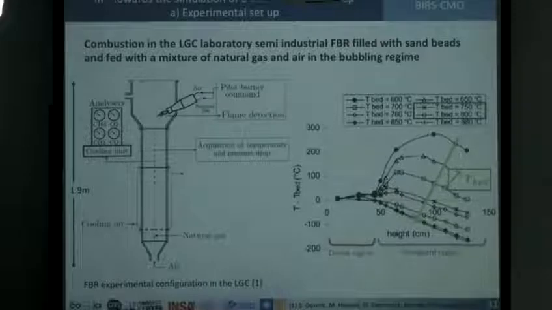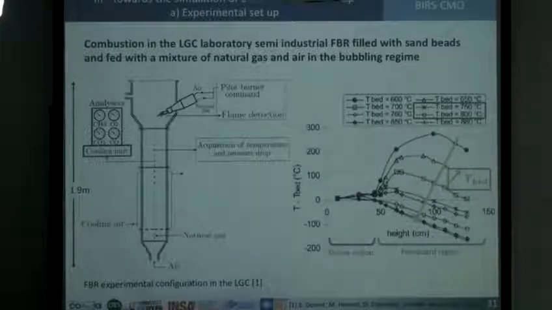And that means that the combustion of methane occurs outside the bed, above the particle phase. Whereas for high values of the global bed temperature, the temperature decreases above the bed, meaning that the combustion of methane occurs inside the bed among the particles. So that exhibits the existence of a critical bed temperature under and above which the combustion regime is completely different.